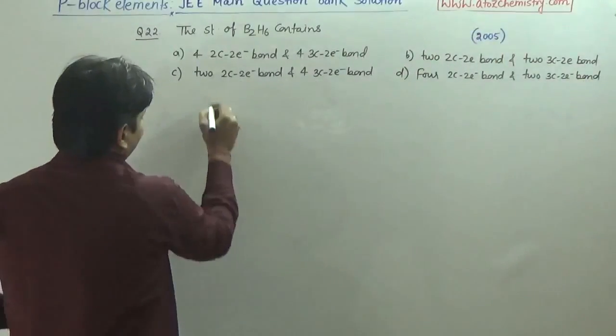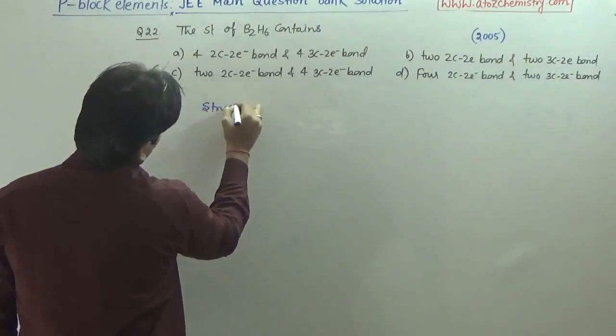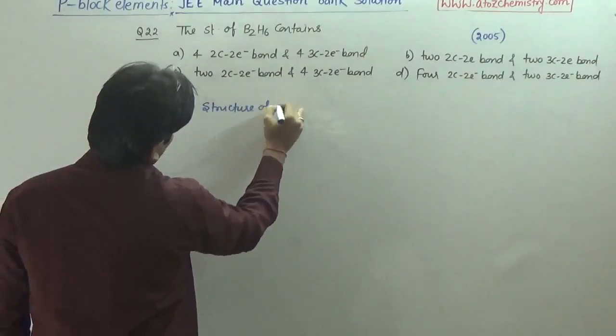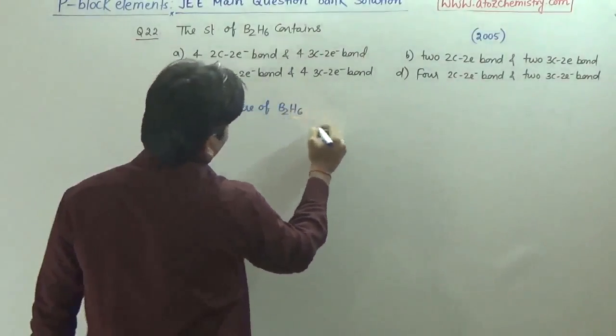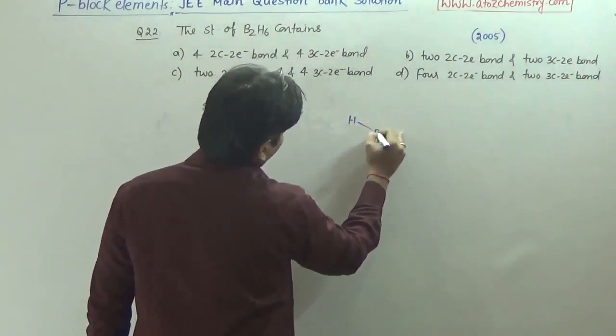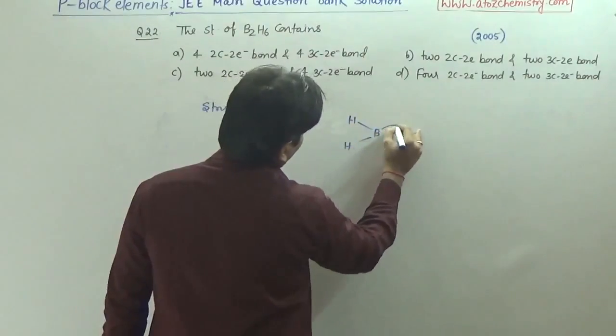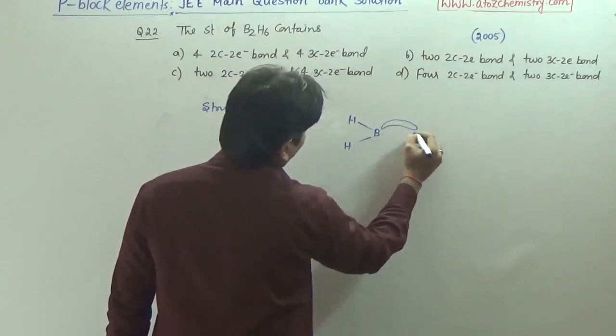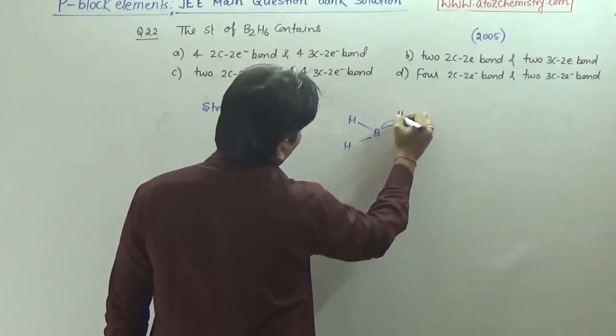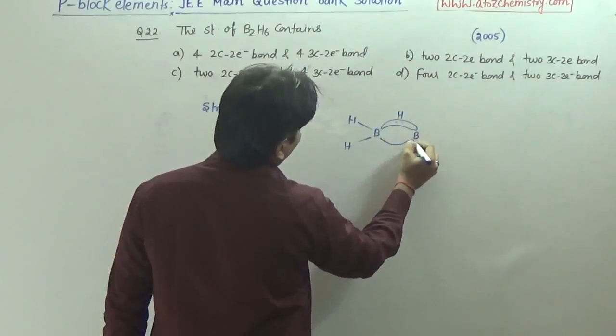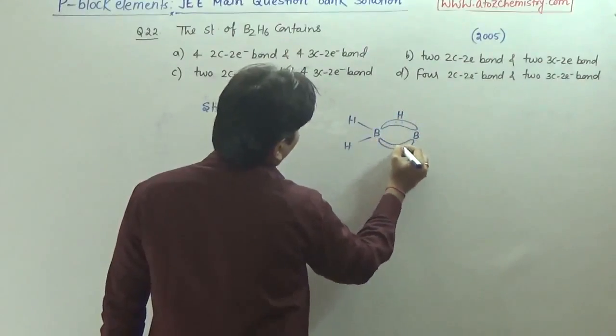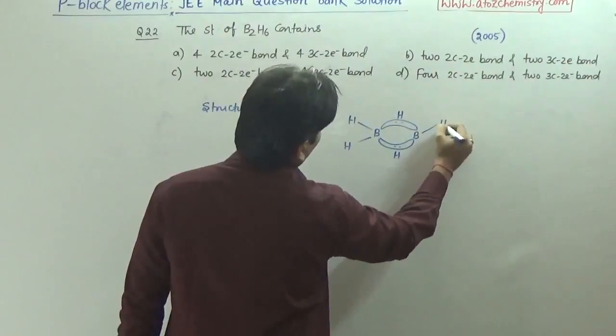If you look at the structure of B2H6, the structure is as follows: H, B, H. Now one boron atom is attached to the other boron atom through hydrogen through 3 center 2 electron bond.